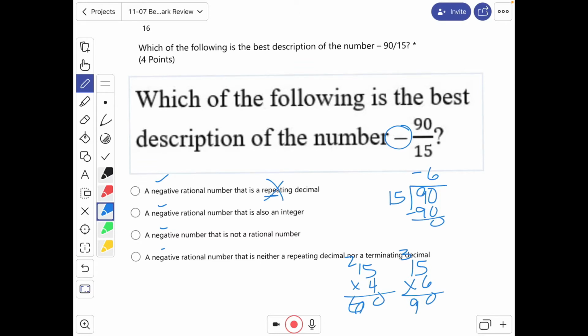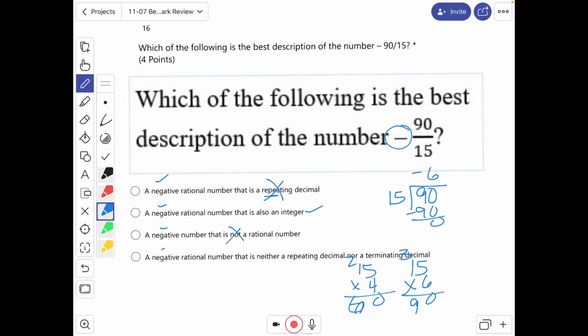A negative rational number that is also an integer. It is an integer. Negative number that is not a rational? Well, all negative numbers, whether they're decimals or fractions, are rational numbers, so that's not possible.